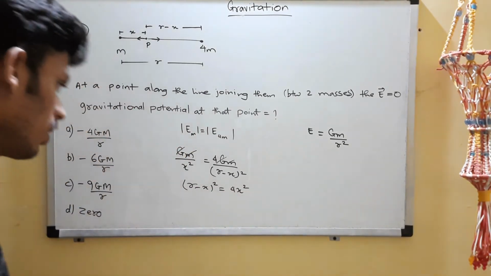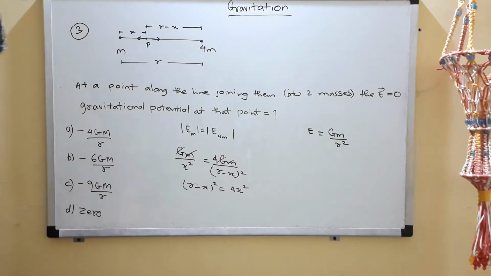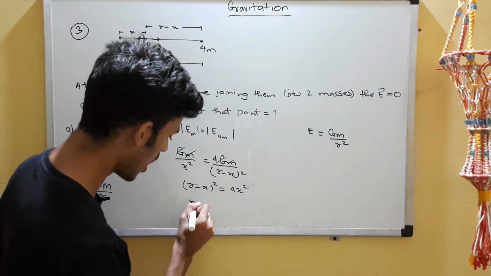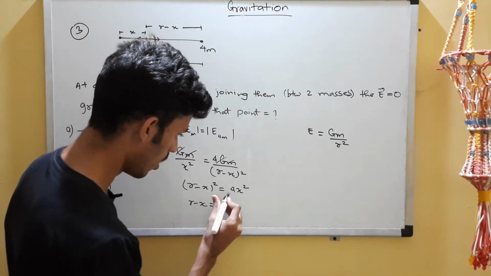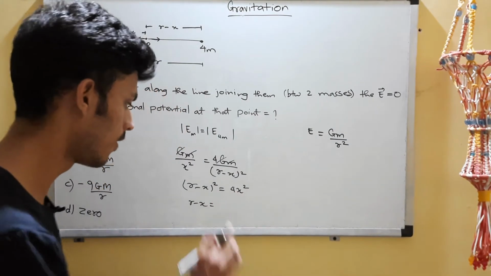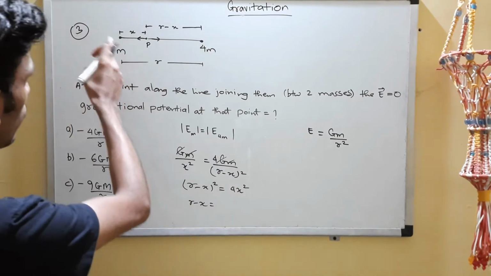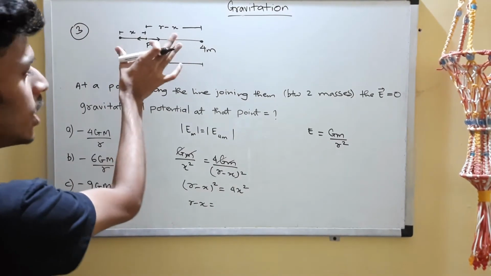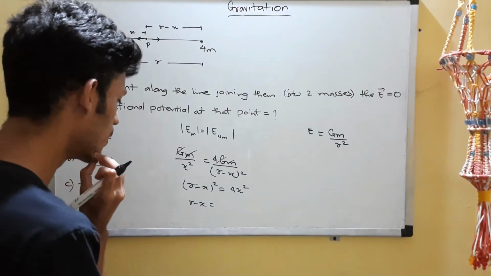Now we can actually take roots on both the sides. So it will be r minus x is equal to 2x. I'm only considering the positive value because the negative value will give us point P on the other side. We want the point P between these two masses.